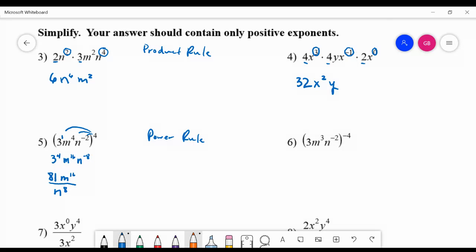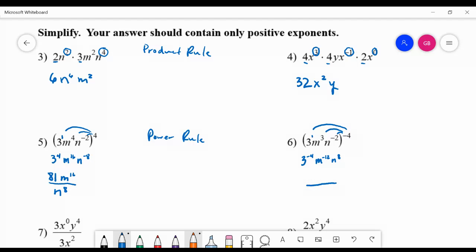Okay, number 6, similarly, we're going to distribute this negative to everything that's on the inside. So we're going to have 3 to the negative 4, m to the negative 12, and n to the positive 8. Negative 2 times negative 4 is 8. Okay, now we're going to rewrite it.